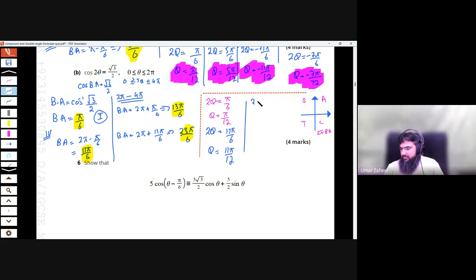In the same way, 2 theta is equal to 13 pi over 6, so theta is equal to 13 pi over 12. And the last one, 2 theta is equal to 23 pi over 6, so theta is equal to 23 pi over 12. So these are the four answers you will get.